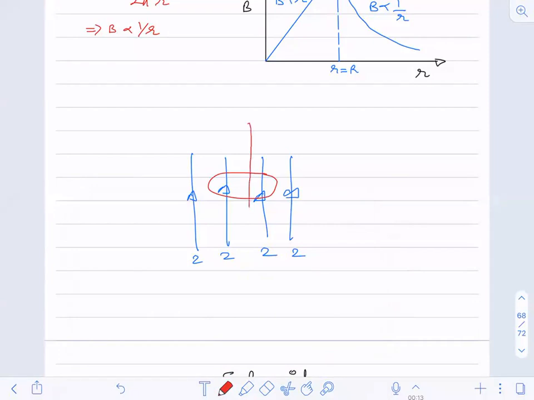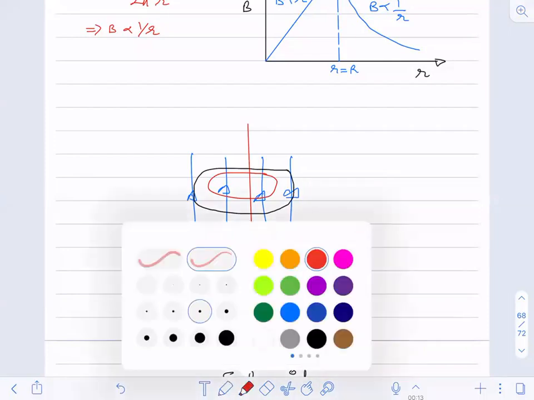Assuming that this is the central axis for this wire. Now you tell me, what is the current enclosed by this loop? What is the current flowing through this loop? 8.